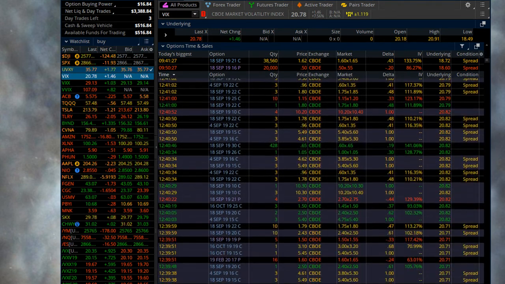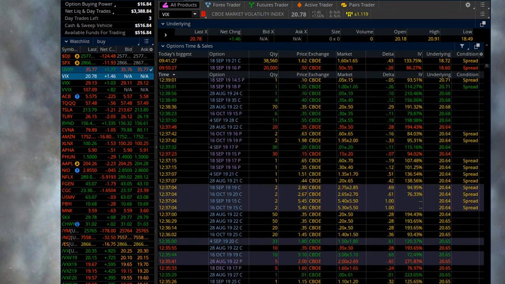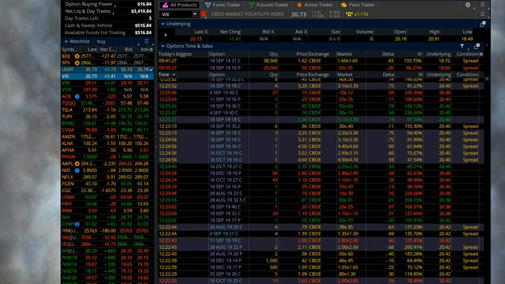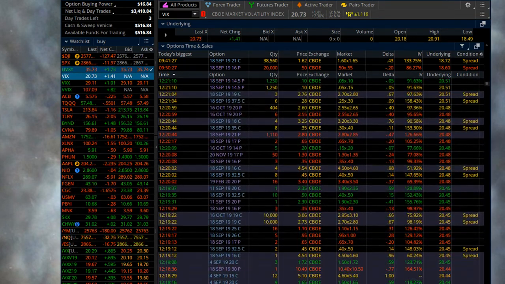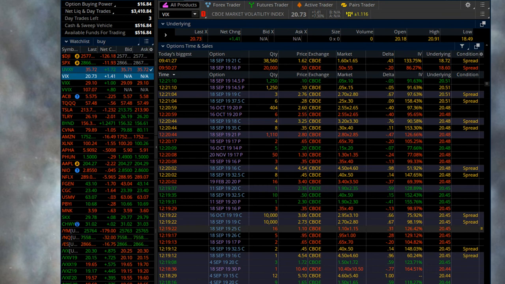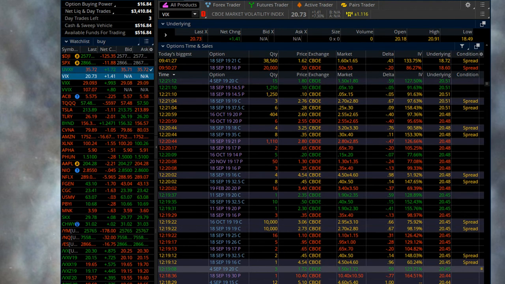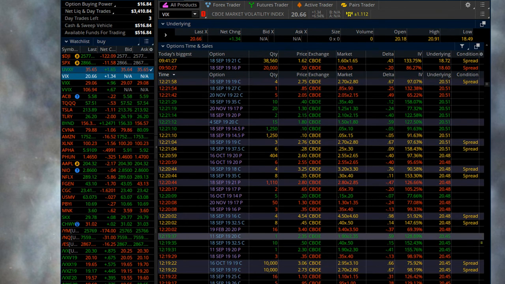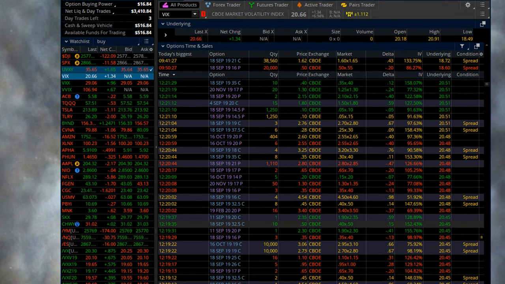I sit around and look at these trades all the time, just because it's interesting to see what other people are doing. You can do this just in UVXY as well, but some of the biggest players are going to play in the VIX instead of UVXY. So they are buying SEP19 calls and AUG19 calls.